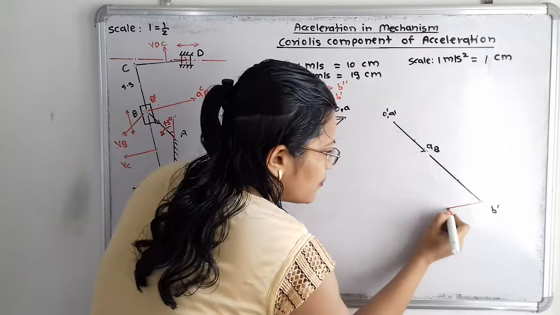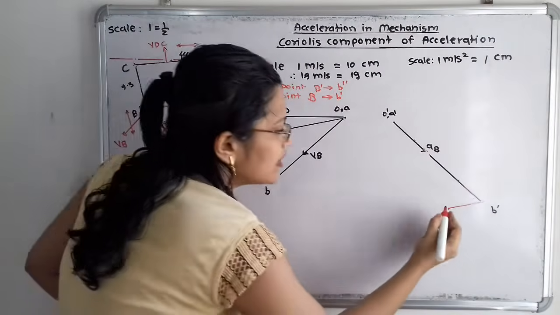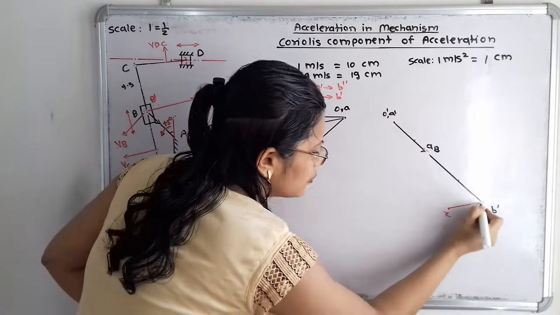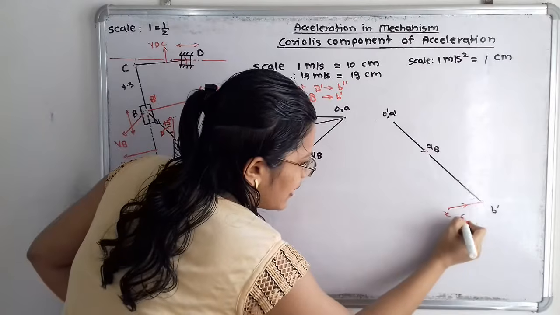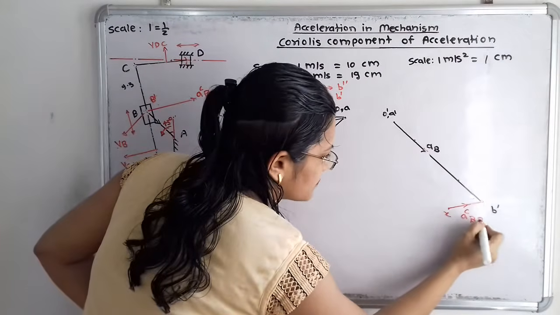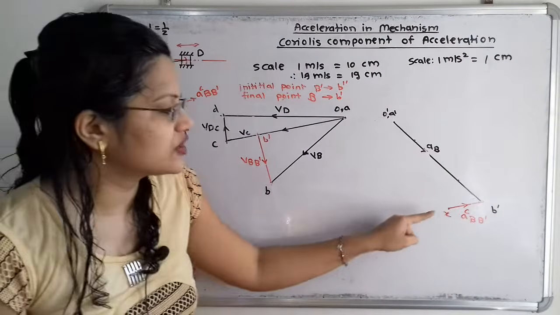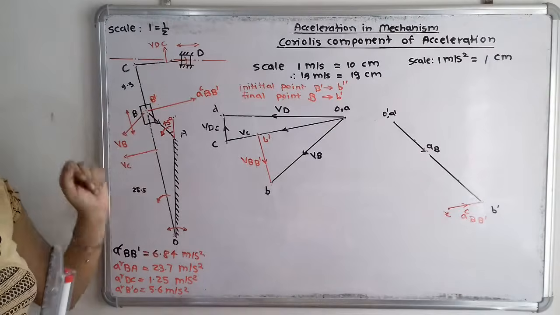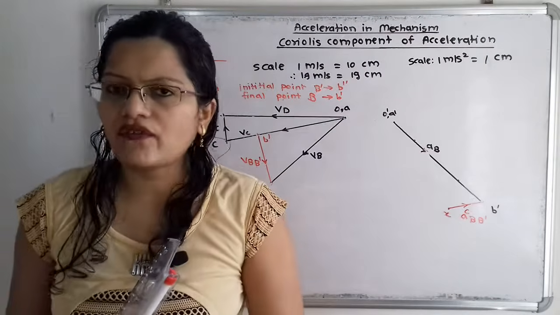So here is the point. So this point, that is, this is only one component. So I will say this point will be X. I will show the arrow in the same direction, and here I will say Coriolis component of acceleration B to B dash. So this Coriolis component of acceleration is perpendicular to the B to B dash. Now we will say the radial component of acceleration.